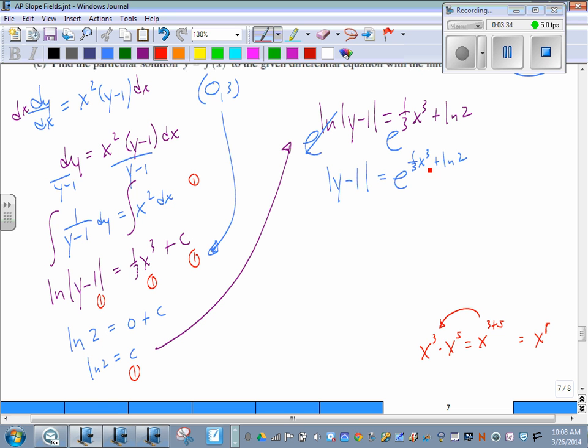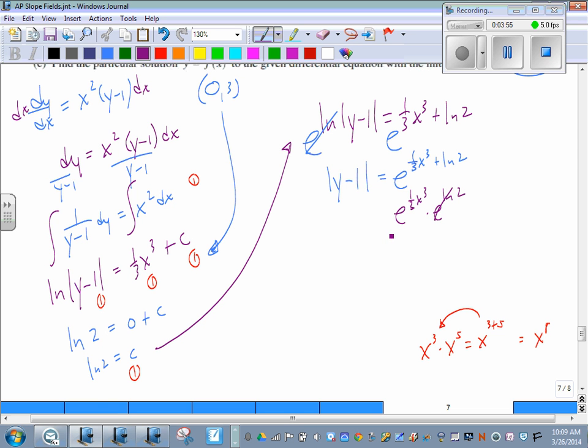So right here, we can write this as e to the 1/3 x cubed times e to the natural log of 2. Instead of adding those up there, we can separate it into 2 separate exponential expressions. What's e to the natural log of 2? Just 2.